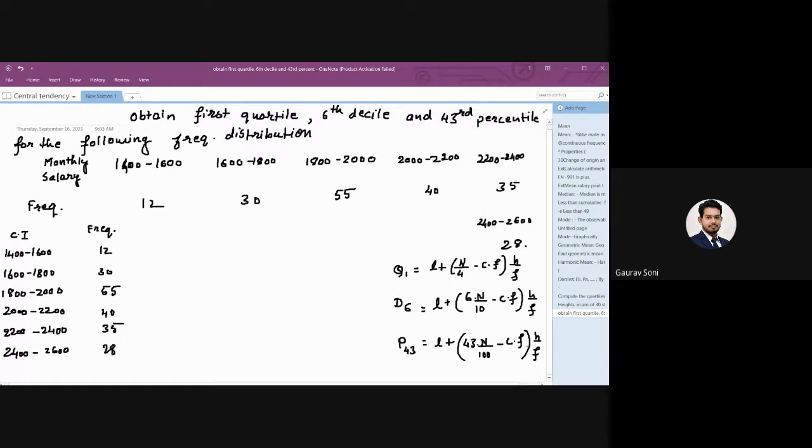In order to find the cumulative frequency, we'll make a less than cumulative frequency column.